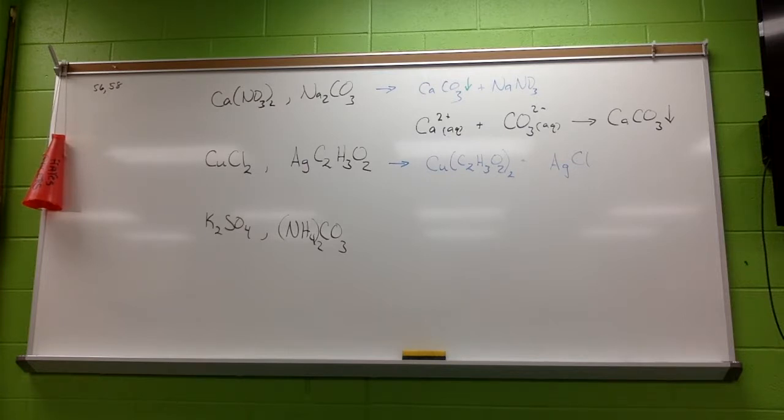Lead. Who said lead? Were you the one that noticed that lead's an exception for just about everything? Yeah. So lead chloride would be one that would precipitate. Turns out silver chloride is one, and no, barium chloride is soluble. Good try, though. No, aluminum is also soluble.